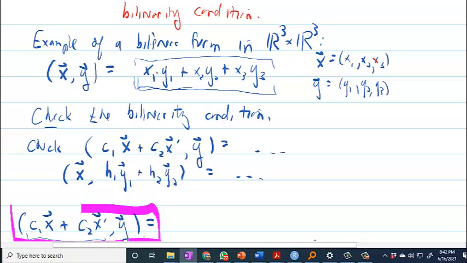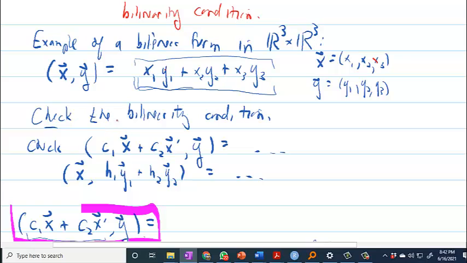In the context here, I've made it clear that x1, x2, x3 are not vectors, but components of a single 3-dimensional vector. Same with y. y1, y2, y3 are not vectors, but components of a single vector.